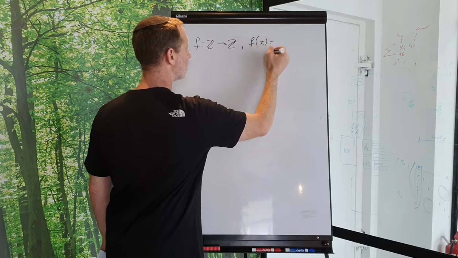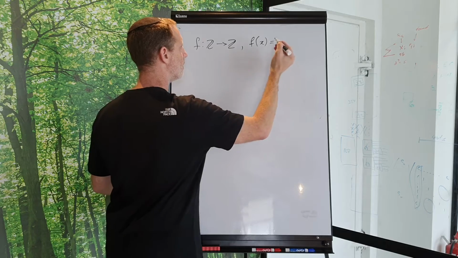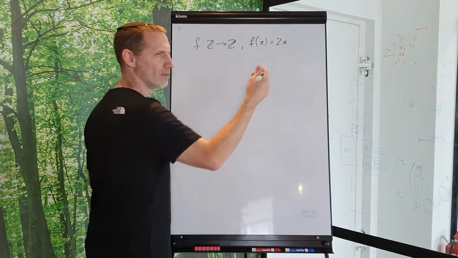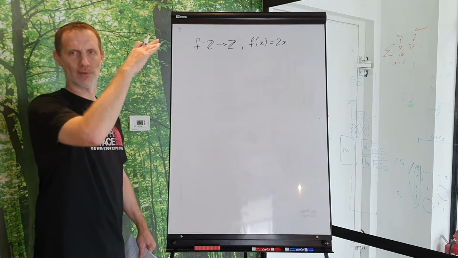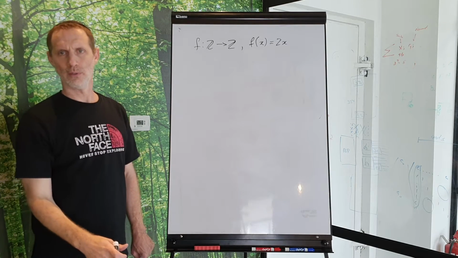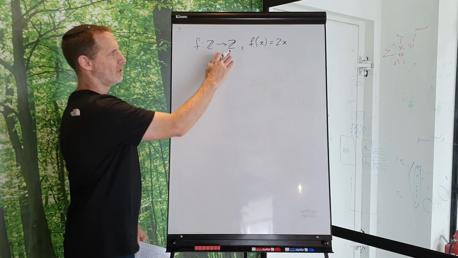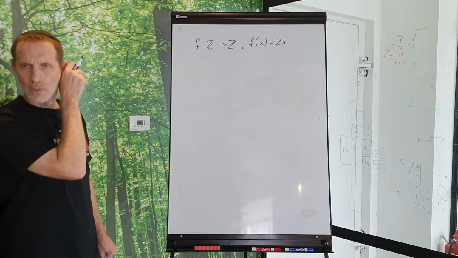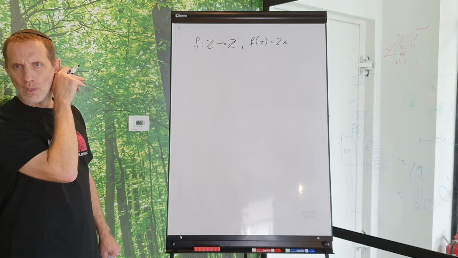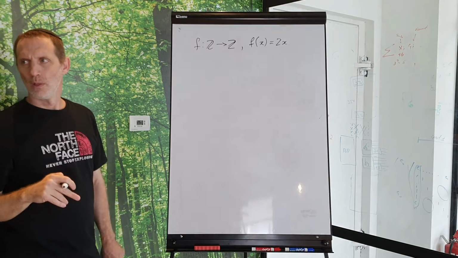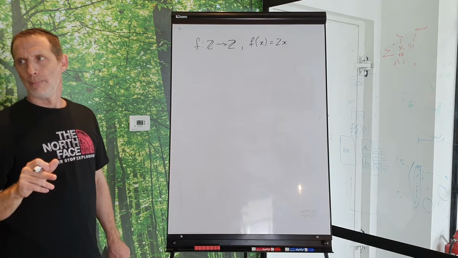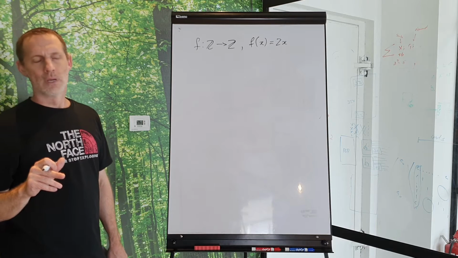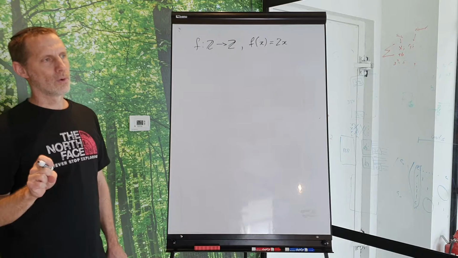F of x is, for example, 2x or x squared or something that doesn't cover the whole codomain. But this is the codomain, it's not completely covered. So where's the totality and existence here? I think there was a line he wrote and then he erased it.